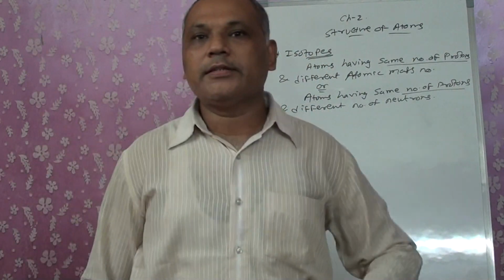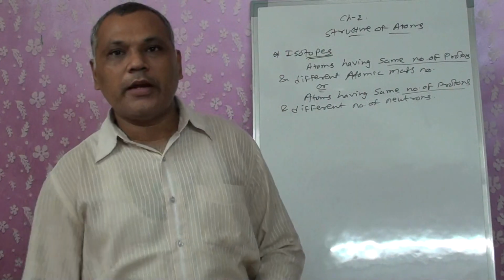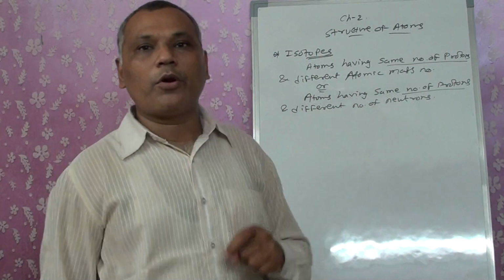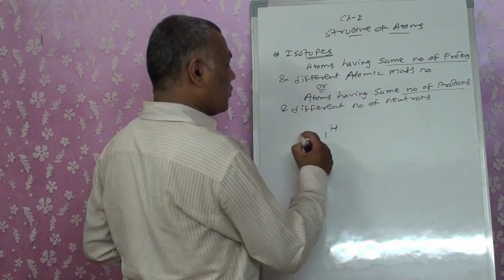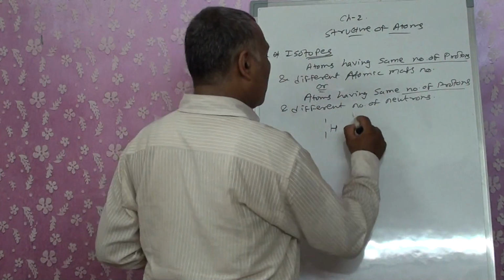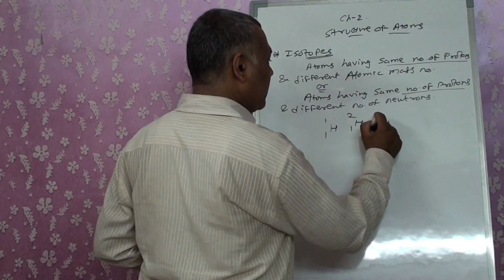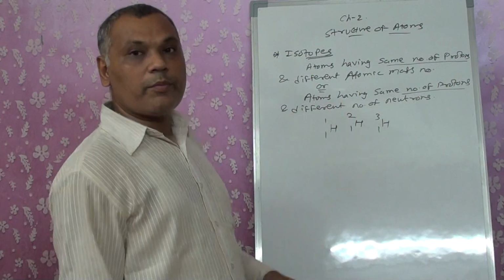When we have different atoms, the atoms are presented differently, but those atoms have the same number of protons. So the symbol is going to remain the same. It's the same atom, but we have a different atomic mass number.